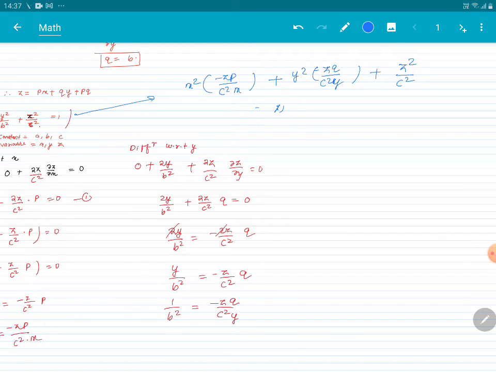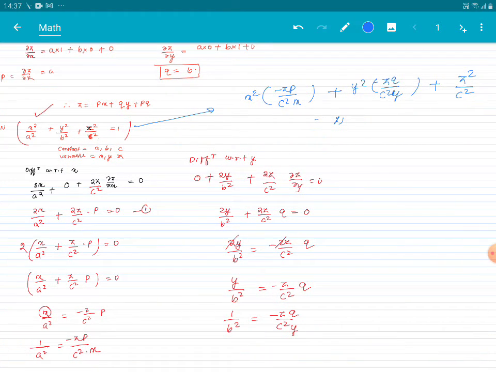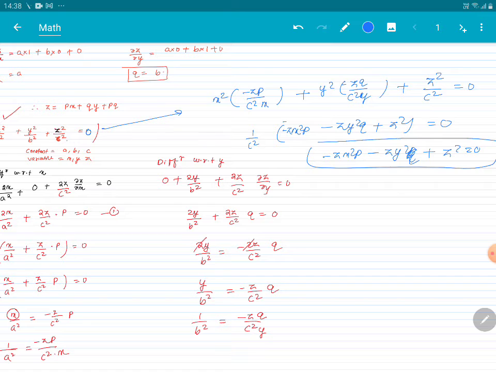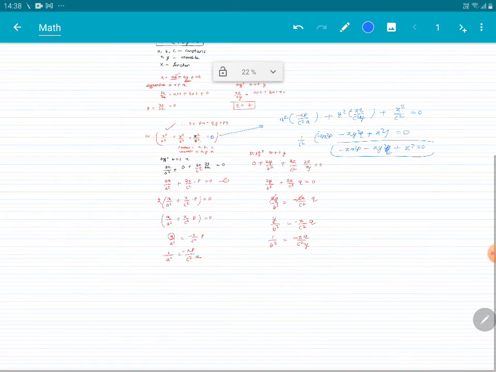The question is actually this one is 0. Yes, so this is 0. Now take c square common everywhere, so 1 by c square into minus z x p minus z y q plus z square is equal to 0. So this is actually the differential equation.